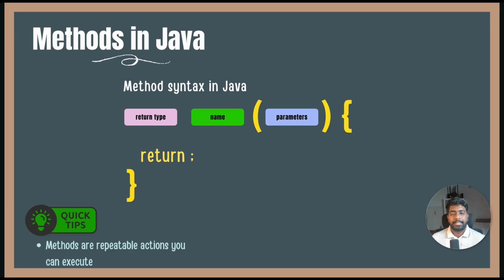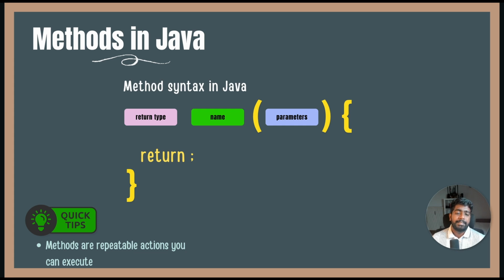How do we write methods in Java? You must follow this particular structure. Start with the output or the return data type. Then the name for the method, followed by the round brackets. Inside the round brackets, we define the parameters. Parameters are basically the inputs to your method.